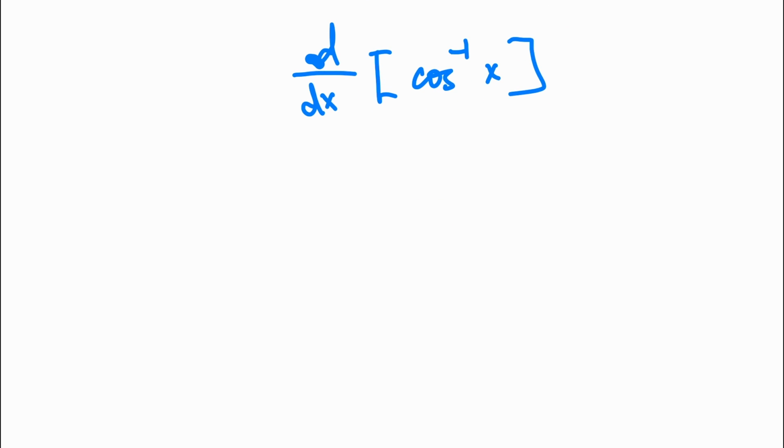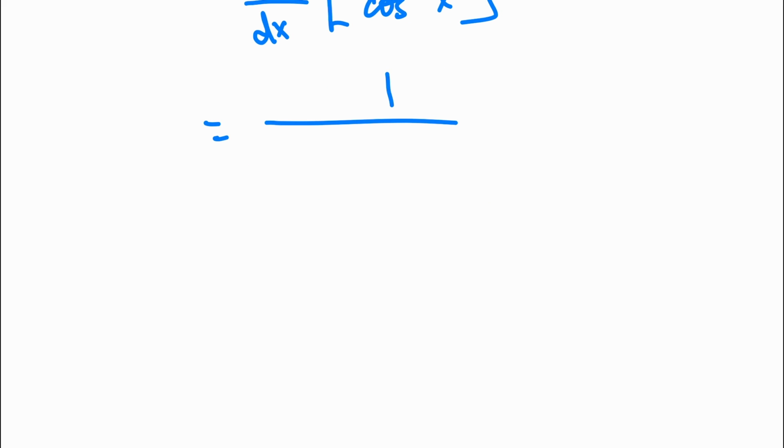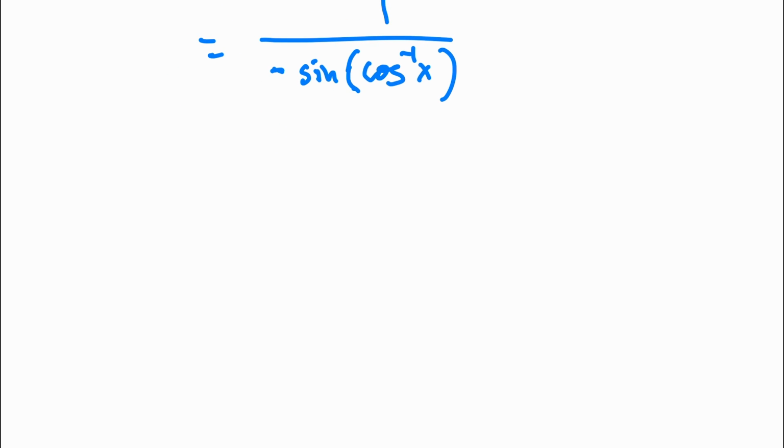We're actually using a very similar approach as the sine derivative, as that would be negative sine of cosine inverse of x. Because notice that the derivative of cosine is negative, so don't forget about the negative in front.